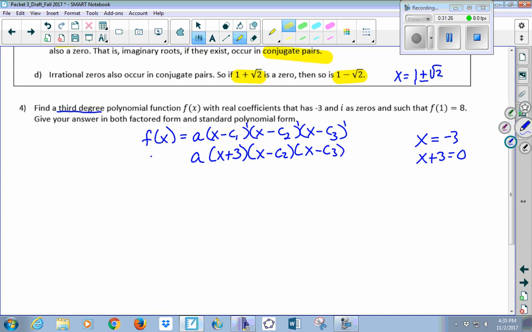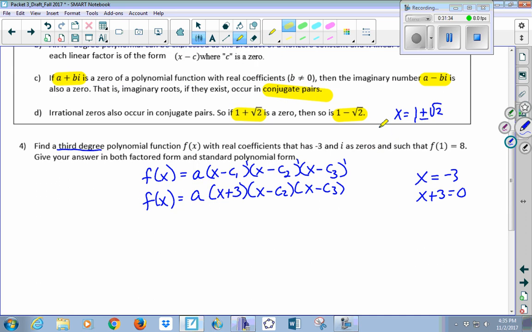What else can I use from that sentence above? It also tells me that i is a 0. But you might say, geez, I need 3 zeros. I don't have enough information. But guess what? i is an imaginary number, so it is going to have a partner, -i.